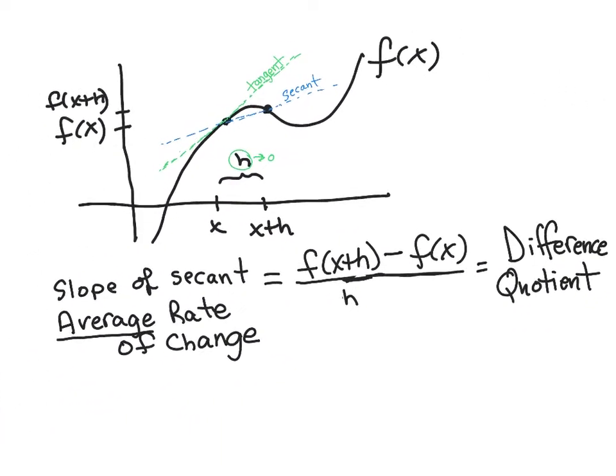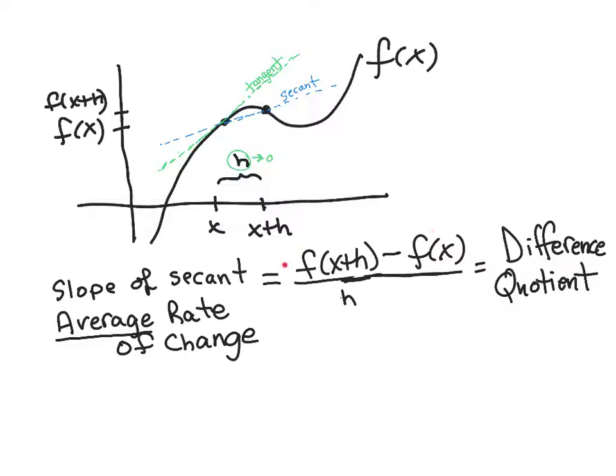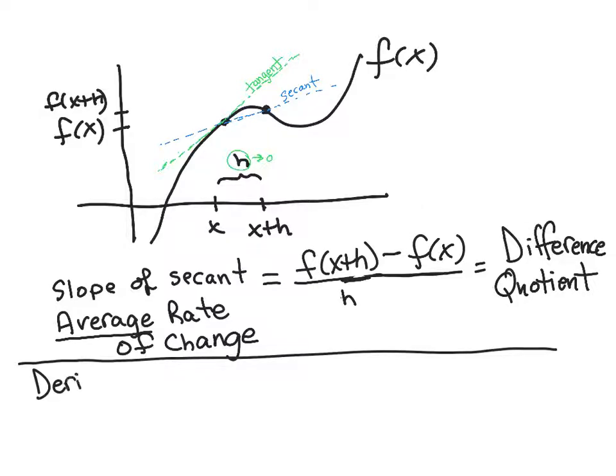All right, so the difference quotient, this guy right here, gives you your average rate of change when h is not 0, because you can't divide by 0, correct? But we have a new tool. We have a tool now called the limit. So what we can do is find the instantaneous rate of change by taking the limit as h goes to 0, and that will give us what's called the derivative.